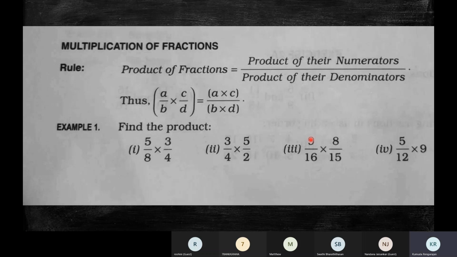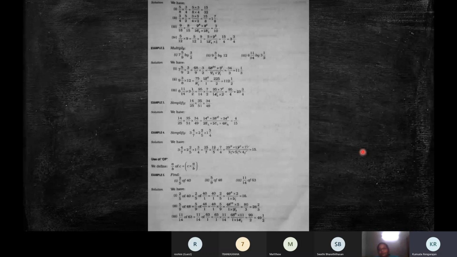Now let's see how to multiply fractions. Before I tell you the rule, we'll just see the examples, children, and then come back to the rule. These are the questions. Let's see how they are worked.